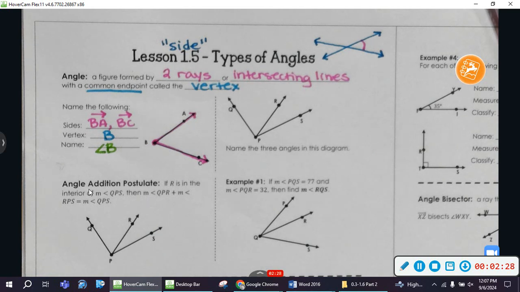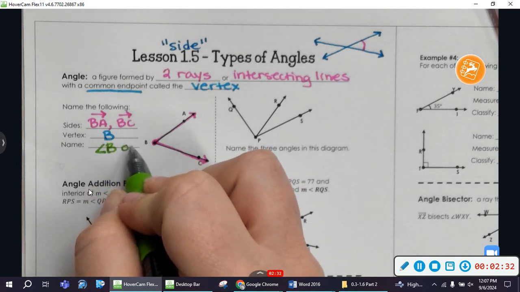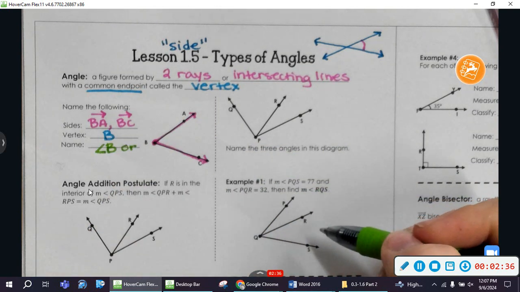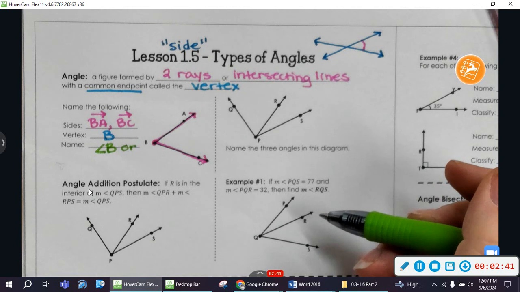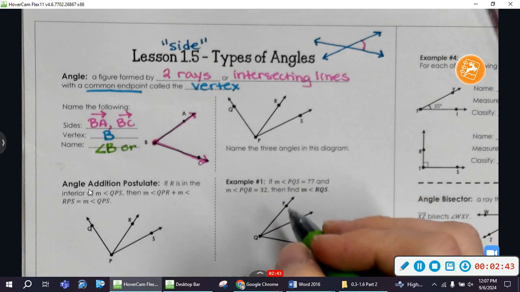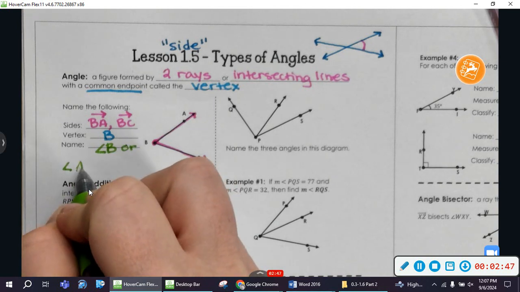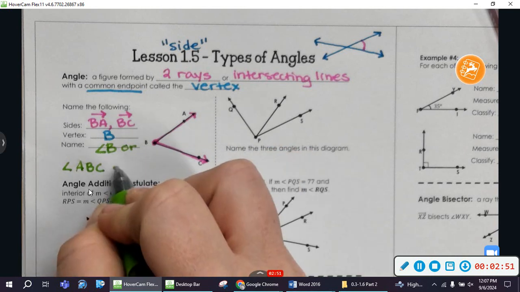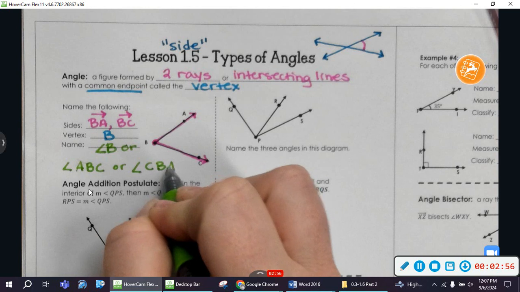Now there is another way to name an angle, and since we will have several angles in the future where they overlap and they're next to each other, all sorts of different scenarios, we will use 3 letters. So I would call this angle ABC, or I could call it angle CBA.